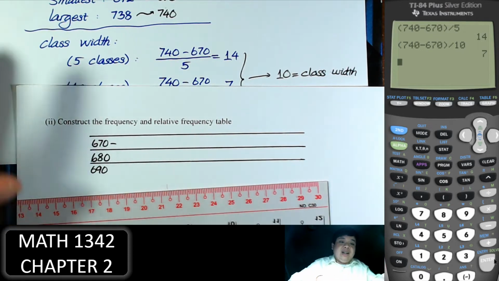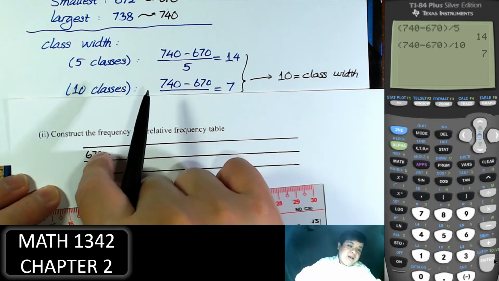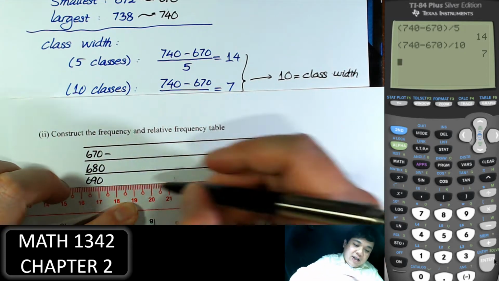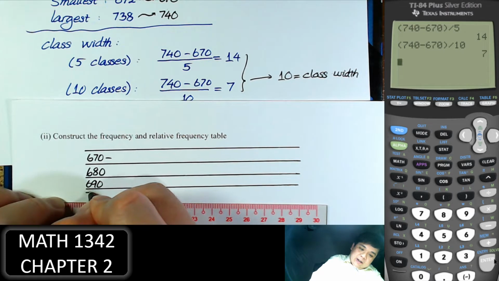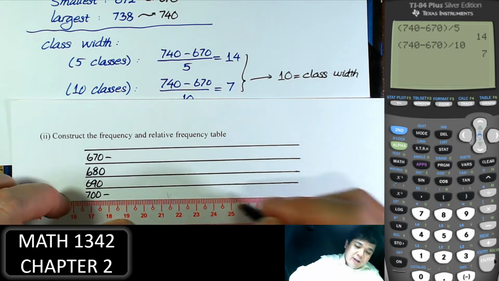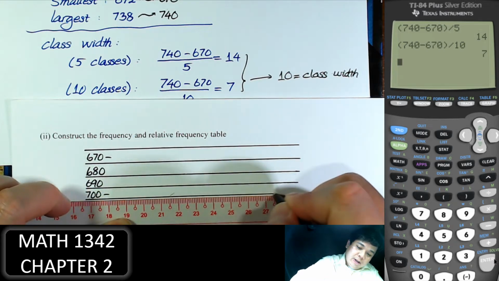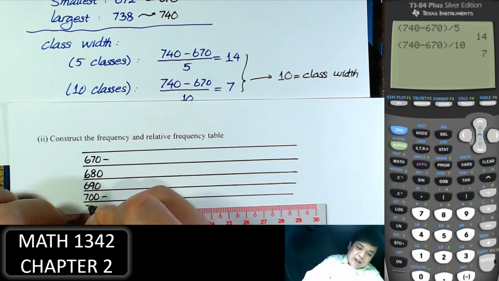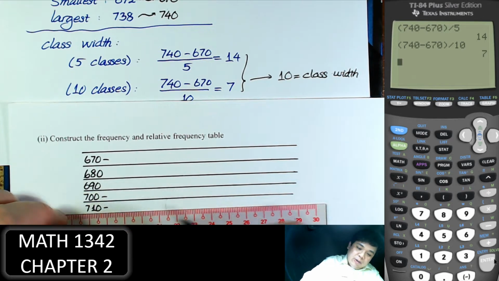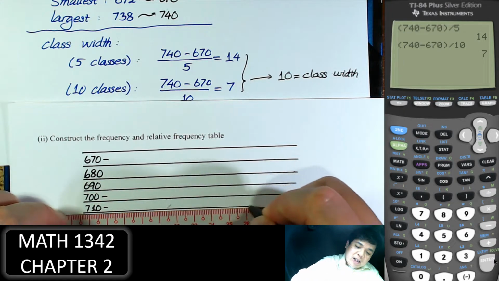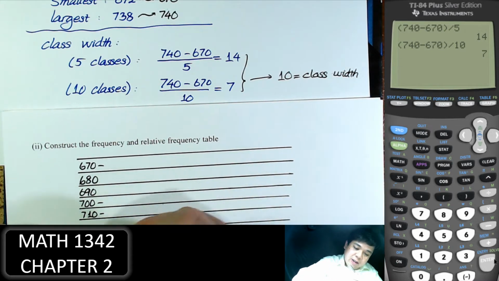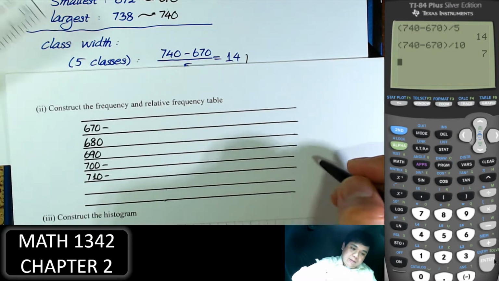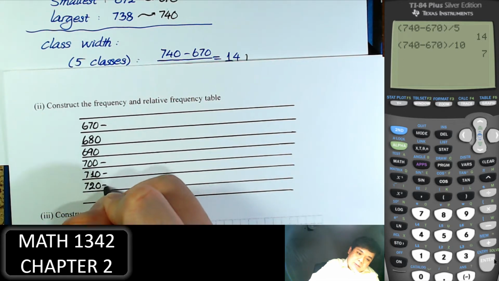Like I said, the class width is 10, so the consecutive lower class limit increases by 10. 700 and up, 710, up to, we determine the upper class limit later, and then 720 and 730.